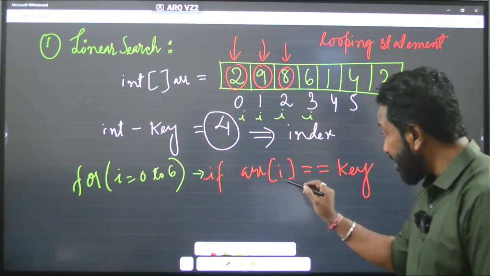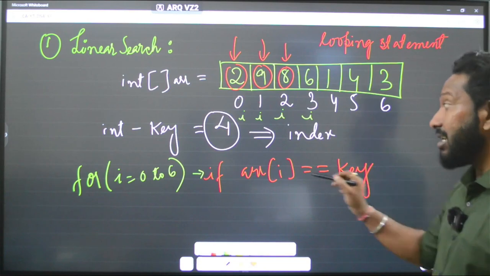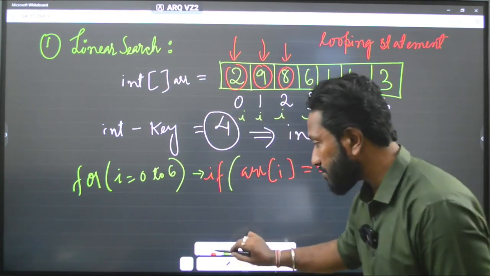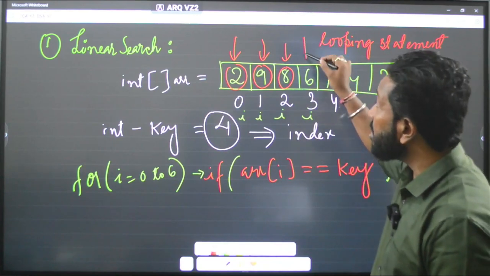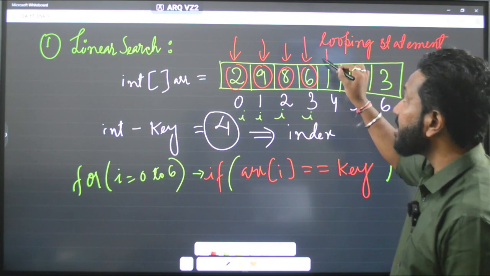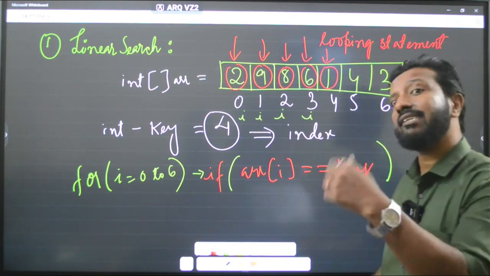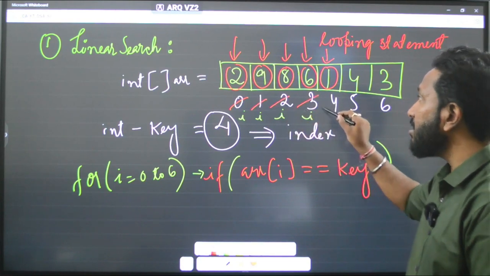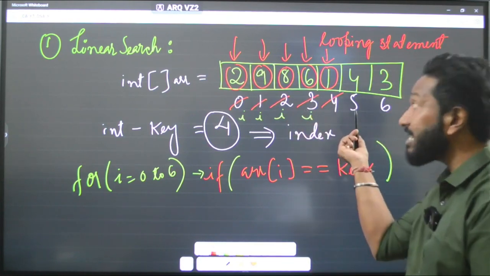If our array of I is equal to the key, this does not match actually. Right now it is not matching. Here 6 doesn't match with 4. Next 1 doesn't match. I is incrementing. I is going from 0, 1, 2, 3, 4 doesn't match. Next index.